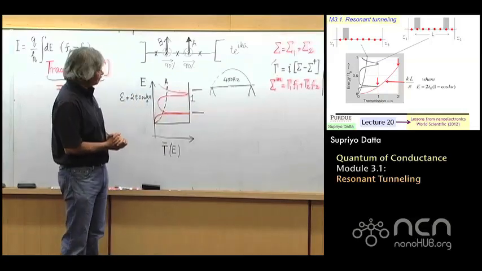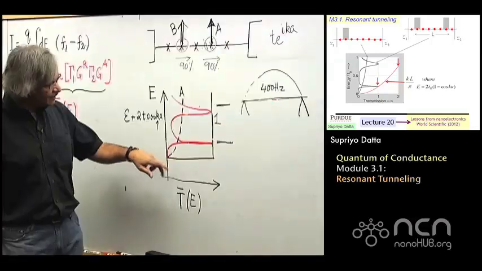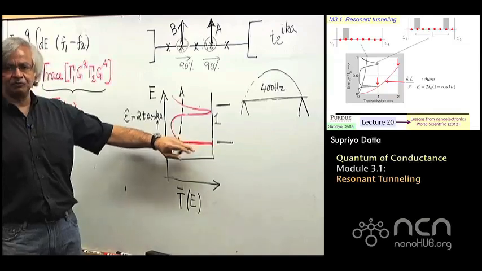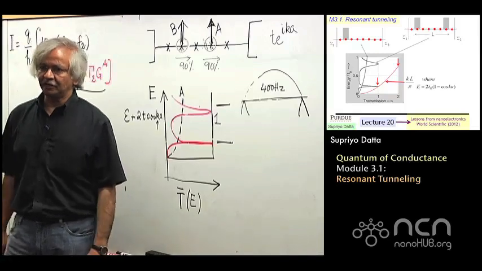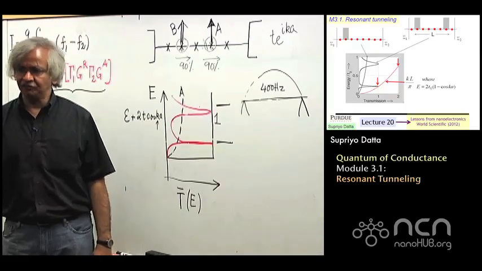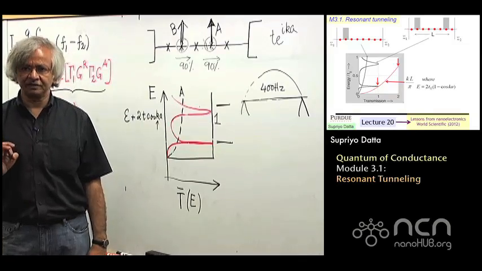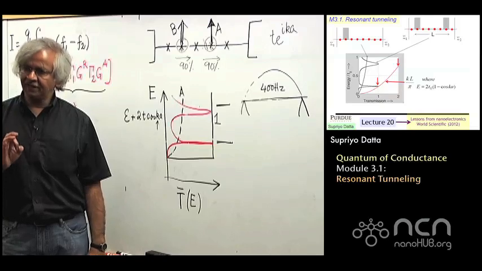And that is the point I wanted to stress, and this is what we'll talk more about in the next module: this red curve here, there are experiments where you actually see the effect of this. There are things called resonant tunneling diodes, which have been studied extensively because they give rise to very interesting current-voltage characteristics, negative differential resistance and all that, which have device applications.